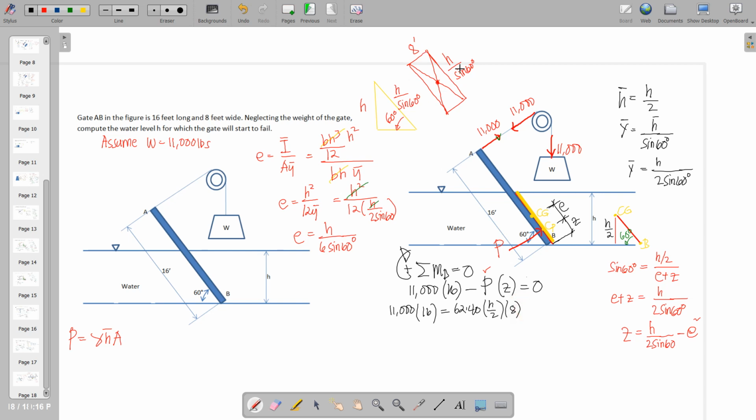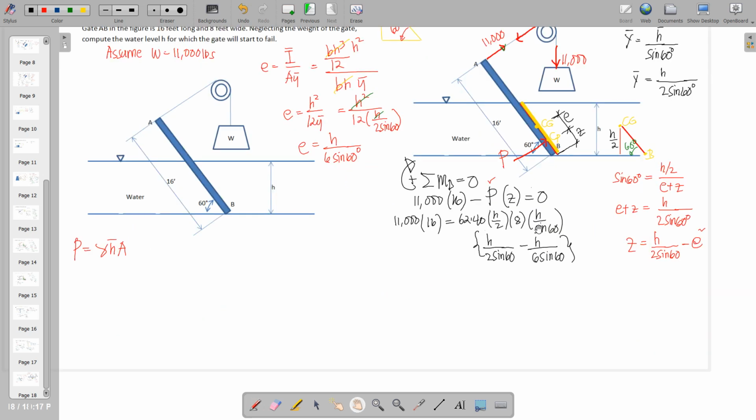The area is 8 by H over sine 60. This time we need to have the value of Z, so times the value of Z, H over 2 sine 60 minus E, H over sine of 60 degrees.